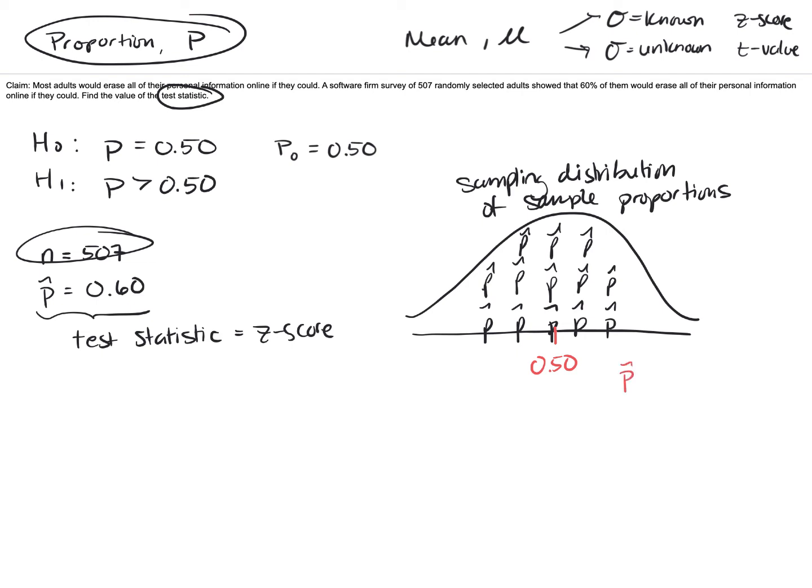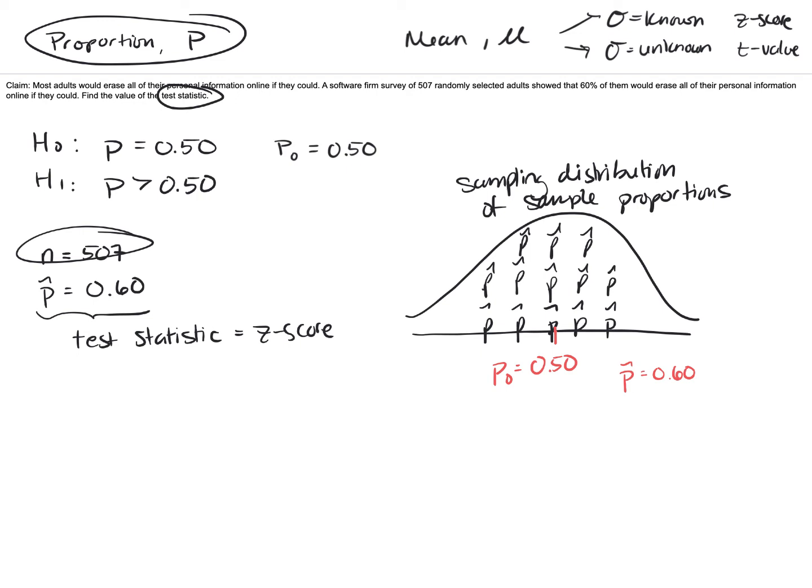Our p hat of 0.60, I know it's to the right of our p naught value, but how far to the right is it? We want to know how far away our sample proportion of 60% is. To figure that out, we convert that sample proportion to a z-score.